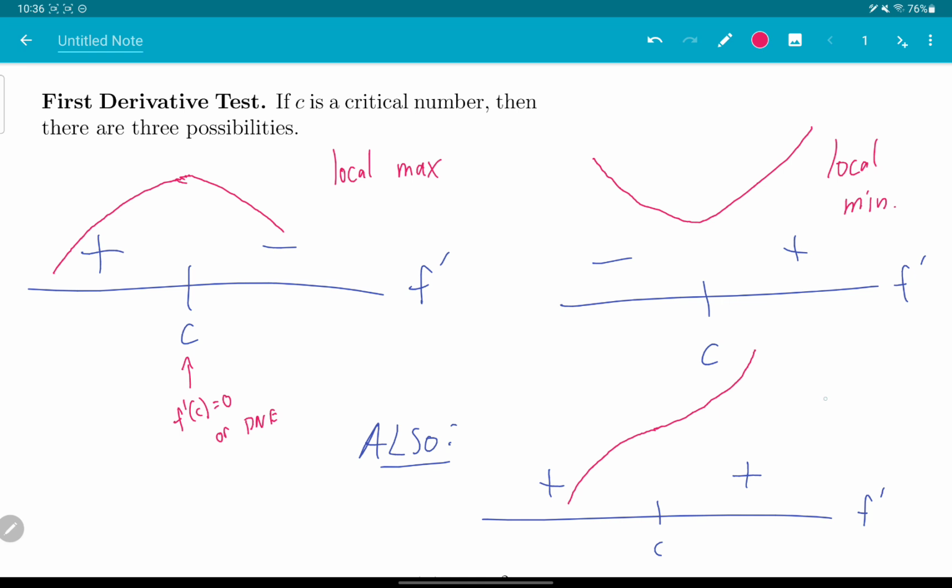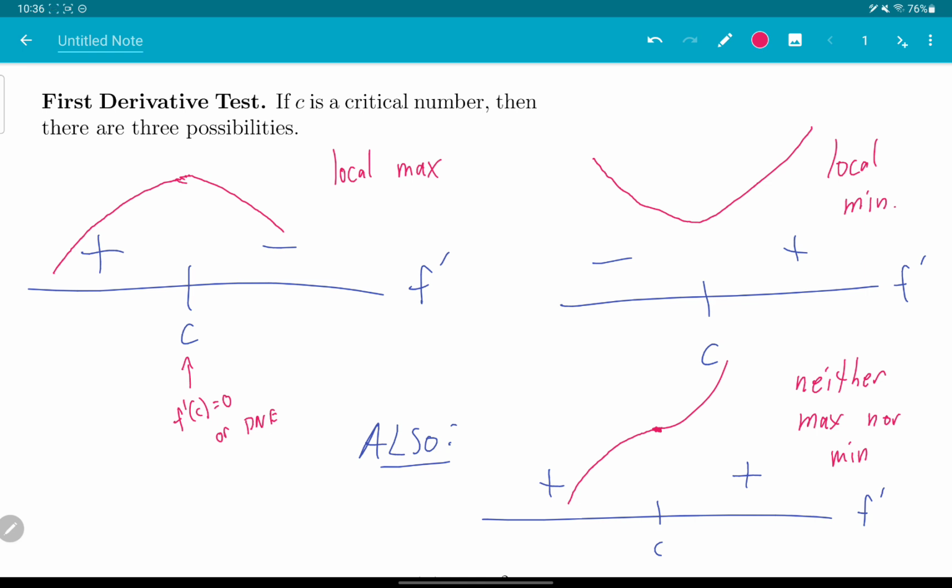It should be flat here, flat, flat, and then increasing again. So this is neither max nor min. Okay, so this is possible. I went with plus plus here, but you can imagine also the case where you have minus minus.